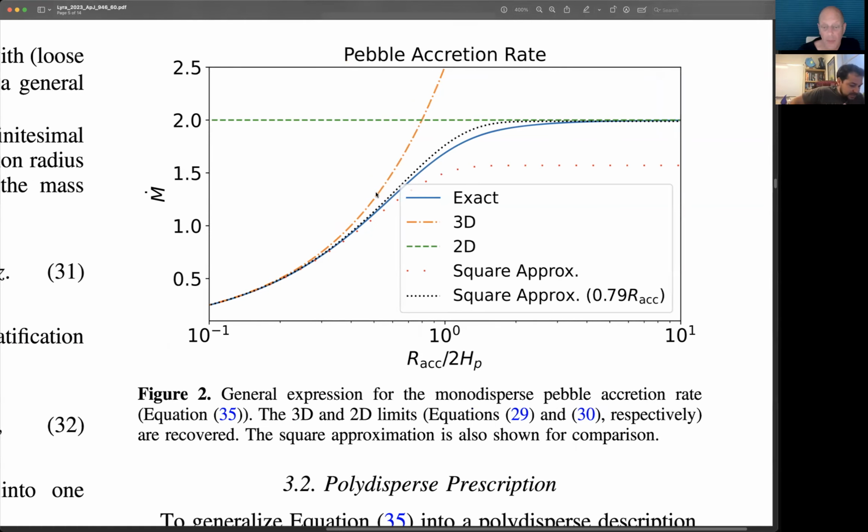Okay. So as I said, the theory of pebble accretion was first made for a monodisperse distribution.